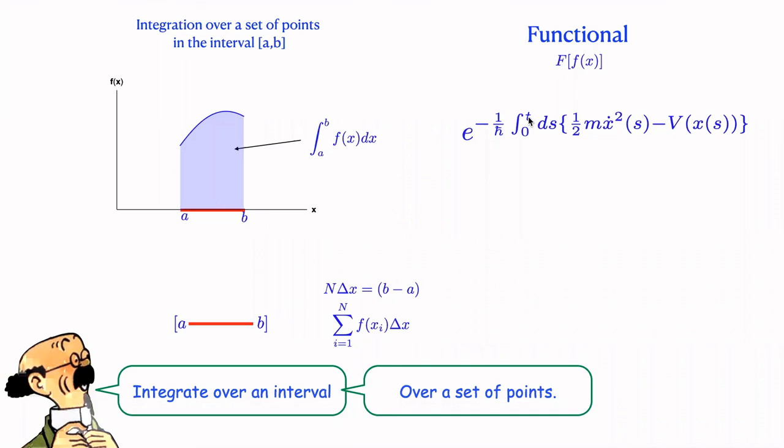Let us not get into too much detail because I don't want to frighten the students, but this is only an example for a functional. Interestingly, such functionals can be used in quantum statistical physics. Yes, this is actually an expression for the partition function for one particle.